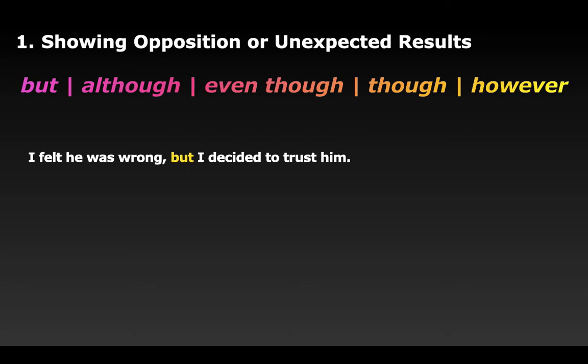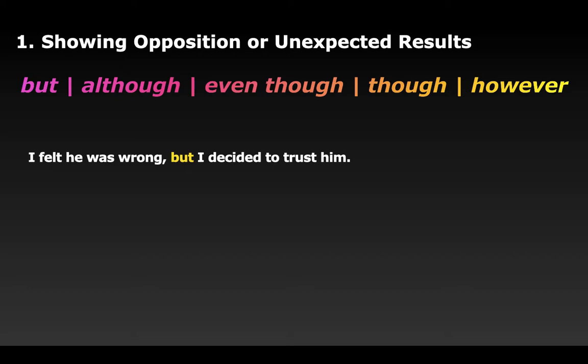In this case, it's an unexpected result because if you felt that he was wrong, then what would be the expected response? You wouldn't trust him, right? But in this case, you chose to trust him, and that's quite unexpected. Therefore, we have to use but.